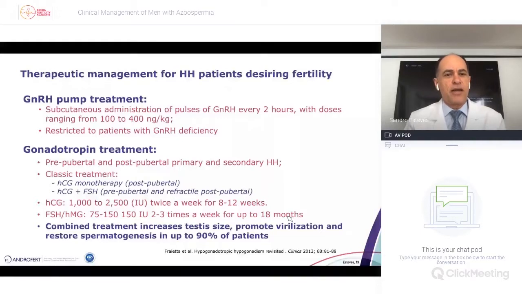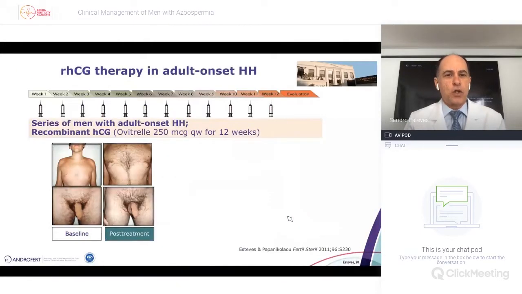In this study we published some time ago, we looked at a group of patients with adult-onset hypogonadotropic hypogonadism, for instance patients who had taken testosterone replacement therapy, who had pituitary surgeries, etc. These patients we treated with recombinant HCG once a week for 12 weeks.